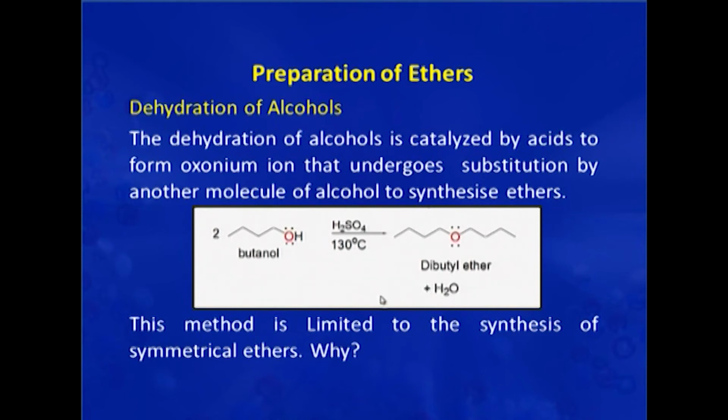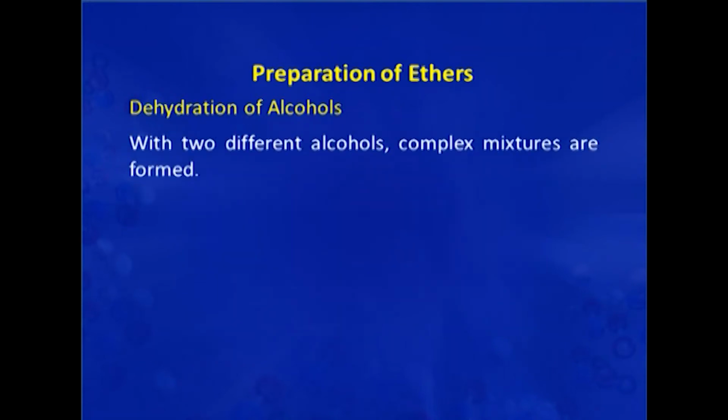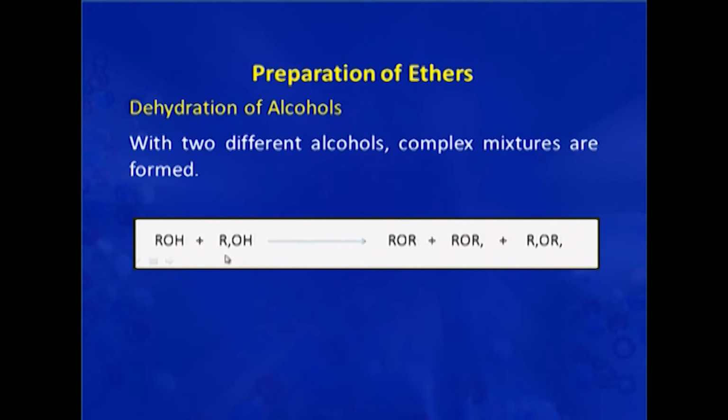The question arises, why is the method good for the preparation of symmetrical ethers, but if we want to prepare unsymmetrical ether by this method, it is not that good. The reason behind it is that if we start with 2 different alcohols R-OH and R'-OH, then the product formed will be 3 different types of ethers.